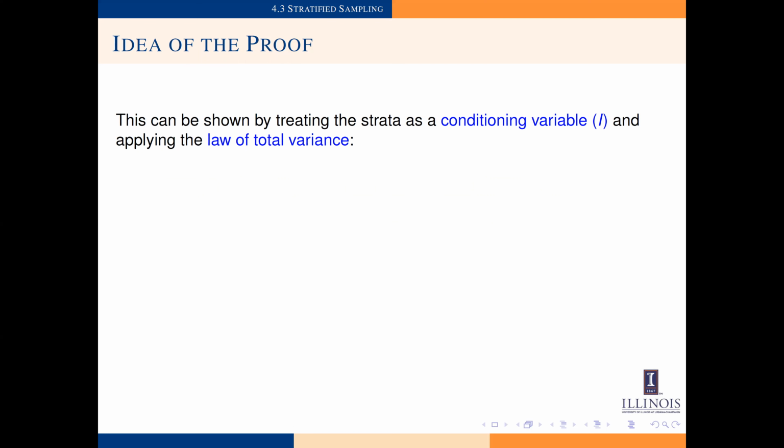And then we will be able to apply the law of total variance. By the law of total variance, we know that the variance of g(X) is equal to the expectation of the variance of g(X) conditioning on the stratum variable I, plus the variance of the expectation of g(X) conditioning on I.